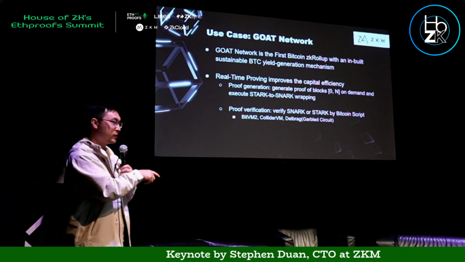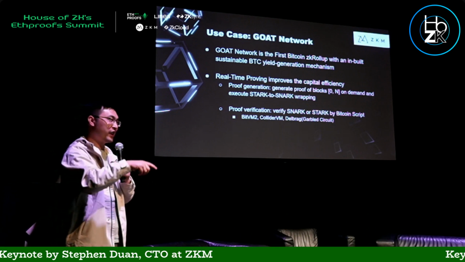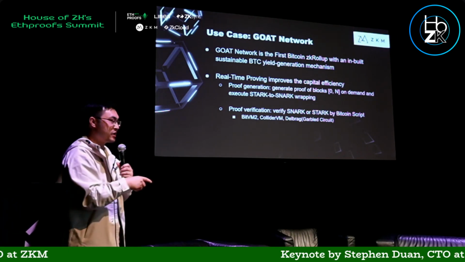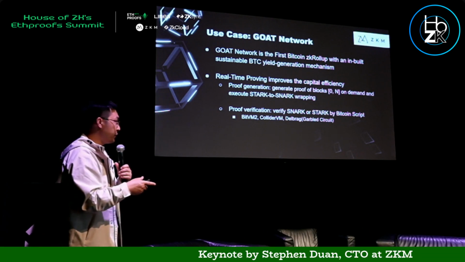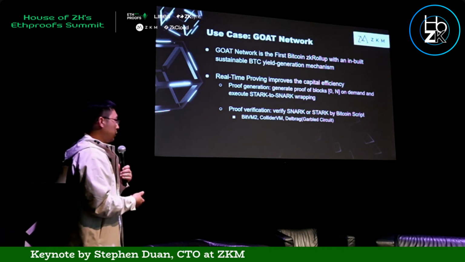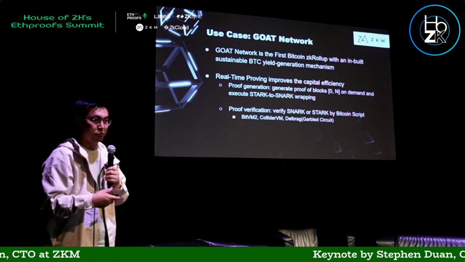Of course it depends on what kind of verification mechanism we are using. There are 3 different solutions, like BitVM2, CloudVM or Delbrag. Delbrag is the garbled circuit based solution.